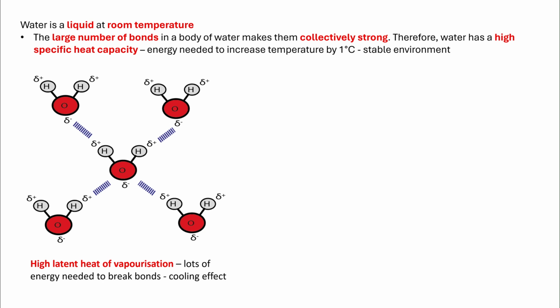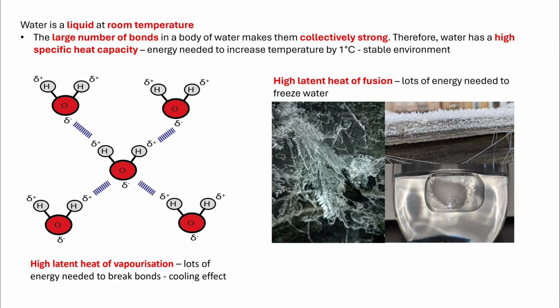Not only does it have this high specific heat capacity and high latent heat of vaporization, there's also the high latent heat of fusion. A lot of energy needs to be lost so that the liquid can be turned into the solid state. So there's lots of energy needed to actually freeze that water. What we're doing is fixing the positions of those hydrogen bonds.